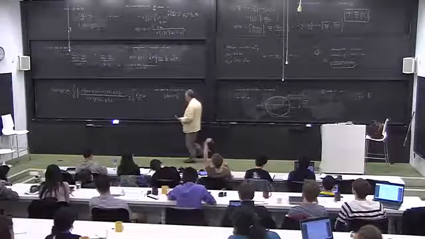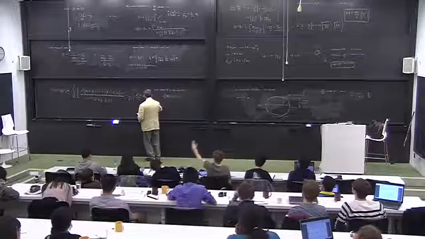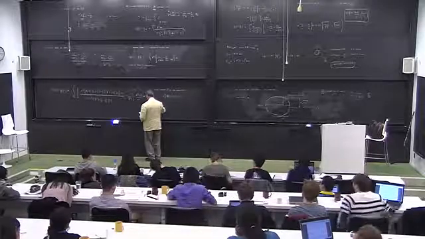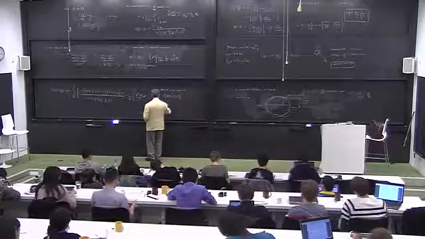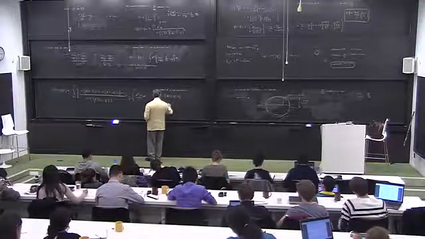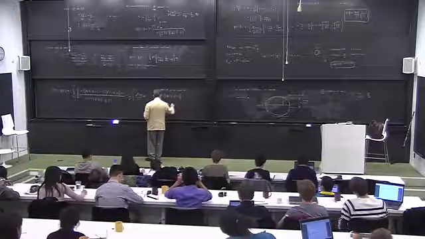So delta phi, the perihelion precession, is twice phi of r plus minus phi of r minus, minus 2 pi.